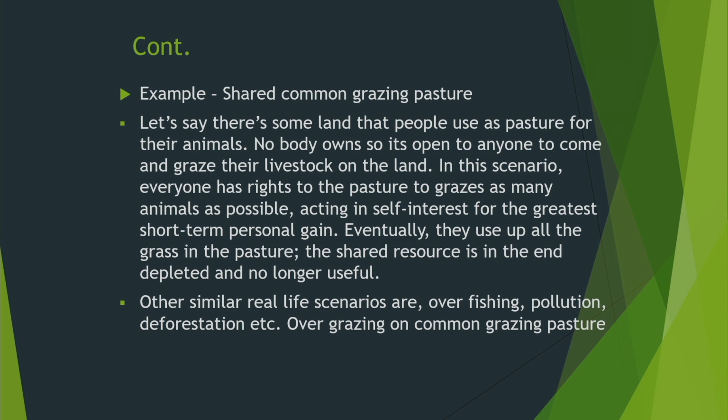Once the grass was destroyed, everyone suffered because no one could raise animals on the commons. So the commons were eventually replaced by closed fields owned by individuals, and owners were now assumed to be more careful not to put too many animals on their land, because overgrazing wouldn't allow them to raise as many animals in the upcoming years.